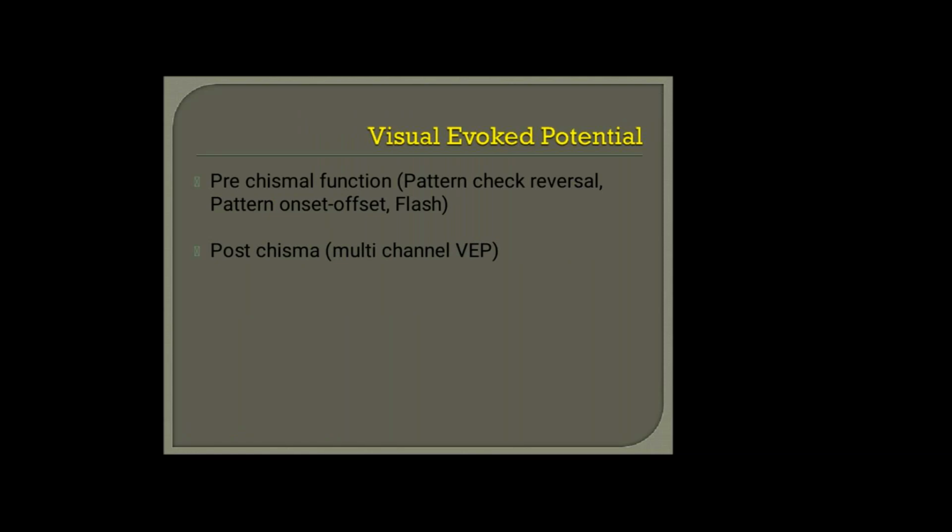Then the last segment is the visual evoked potential. It is helpful to assess your pre-chiasmal pathway, because in current days, the tests used in our daily clinics, that is pattern check reversal, pattern onset-offset, and flash VEP, are restricted to the pre-chiasma, where the chiasmatic pathway is about to start. Post-chiasma is again highlighted by multi-channel VEP, which is not regularly done.